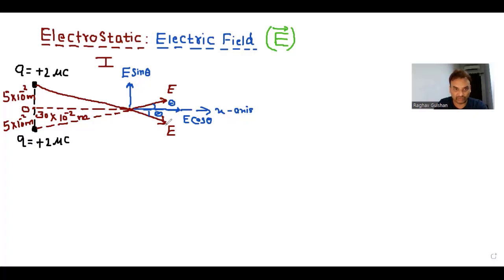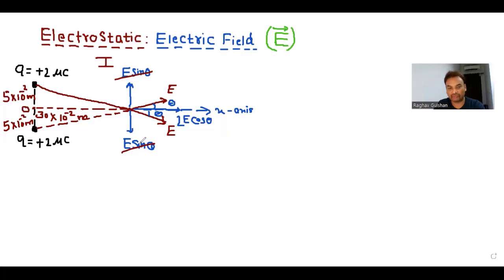Likewise, I will resolve this electric field into two components, one as E sine theta, and the other in the same direction, E cos theta. So finally, this will become 2 E cos theta. Now I can cancel the vertical components. You see, E sine theta and E sine theta can be cancelled because these are two vectors which are opposite in direction.